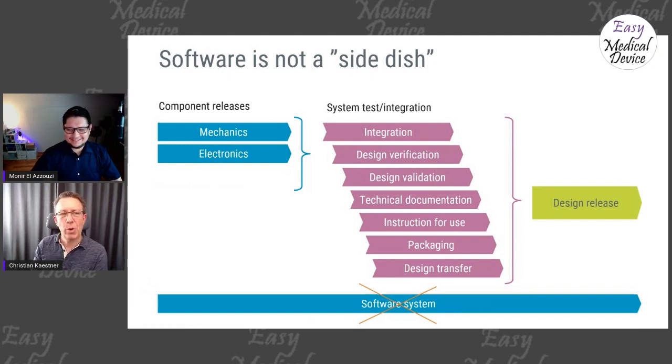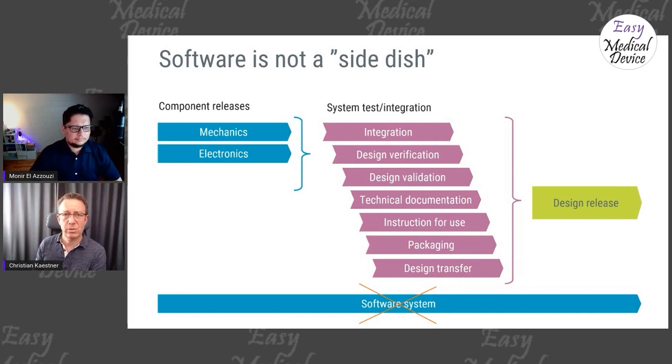No problem. What I really want you to understand is that you don't release software as, what I call, a side dish. Because if you do that, you have a challenge, because you don't look at the system level. If you just continuously deploy new software updates out there without considering whether the technical documentation is still valid, whether the usability is valid, whether the design validation is valid, whether we are delivering the right product, you have a problem.